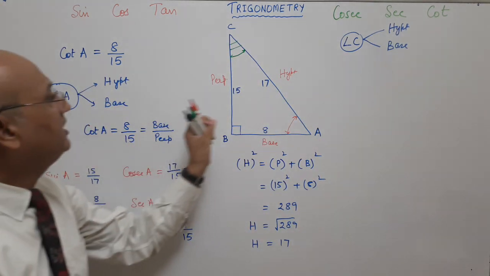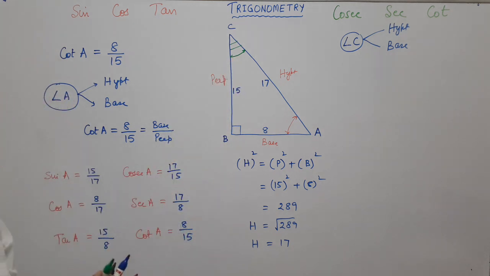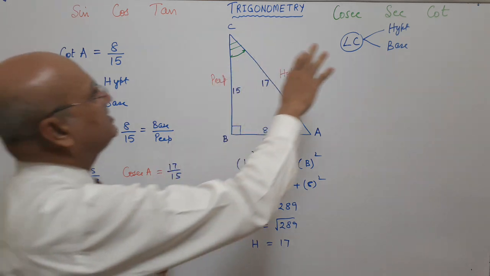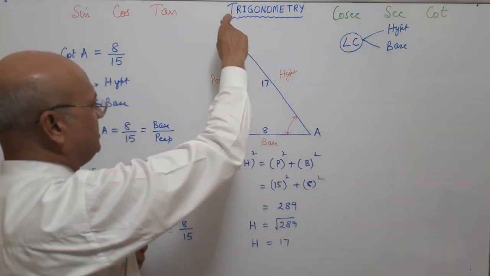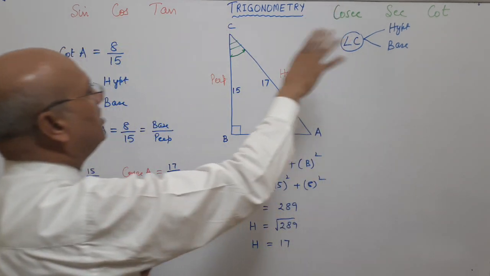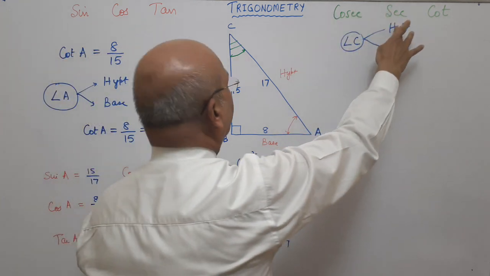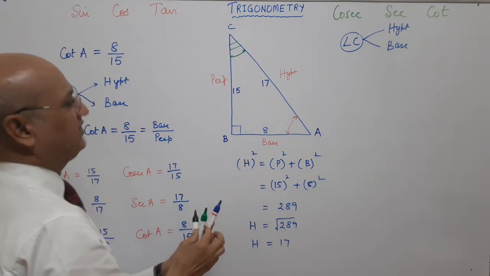Now here for angle C I am going to write with green marker so that you can understand. So angle C is made up of two sides, AC and BC. These two sides make angle C. So one will be hypotenuse and one will be base. So this hypotenuse is fixed.